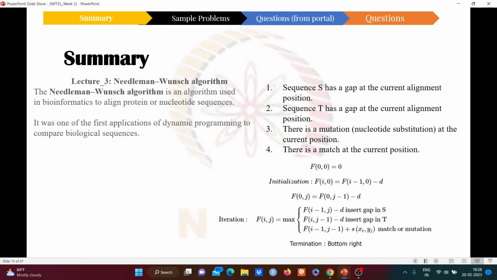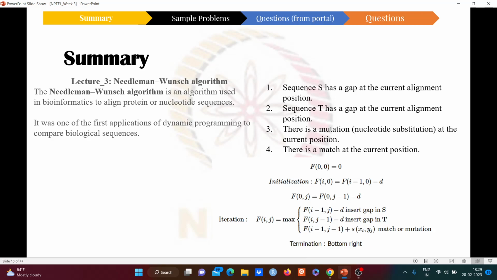Okay, let's start with the Needleman and Wunsch algorithm. This algorithm is used to align protein or nucleotide sequences, and it was one of the first applications of dynamic programming to compare biological sequences. This algorithm was developed by Saul B. Needleman and Christian D. Wunsch and published in 1970.